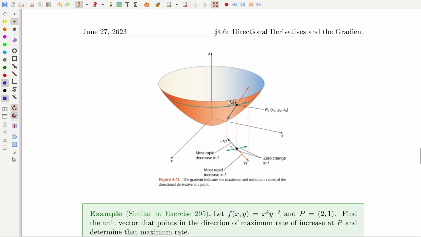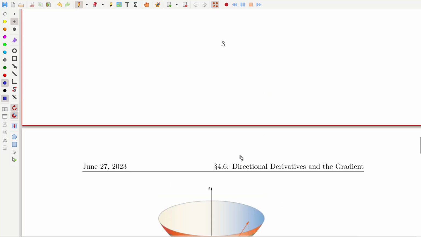If you deviate from that direction, you'll be increasing, but to a lesser degree. And if you pass through these places where you're perpendicular, you actually have no change. Your derivative is 0. If you pass through that, then you end up with the derivative being negative, and so you're decreasing rather than increasing.